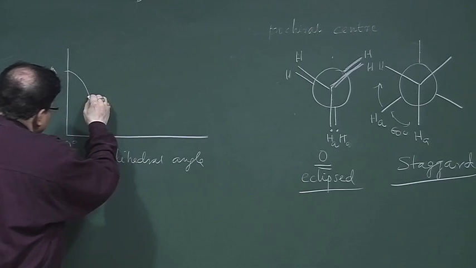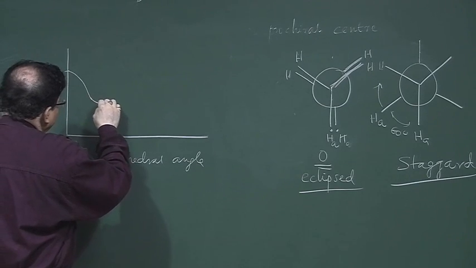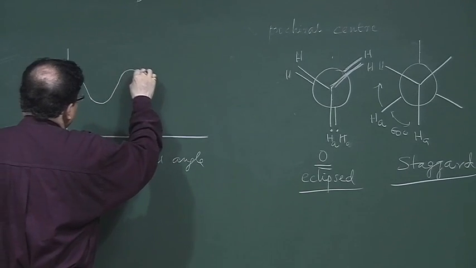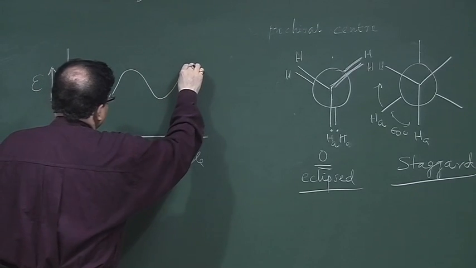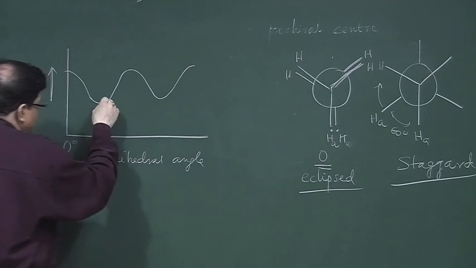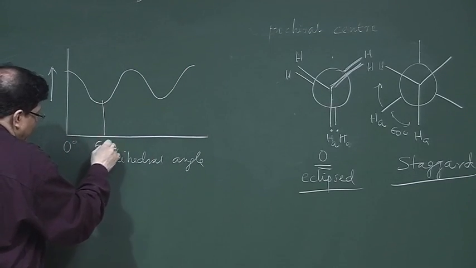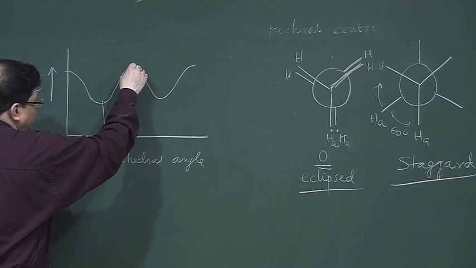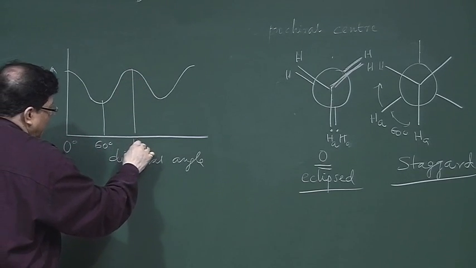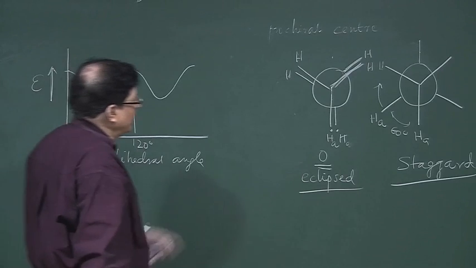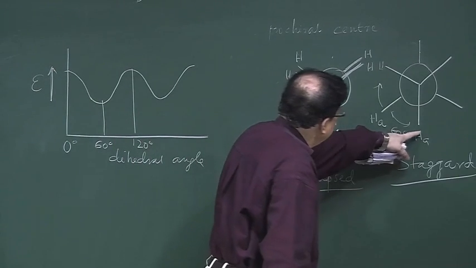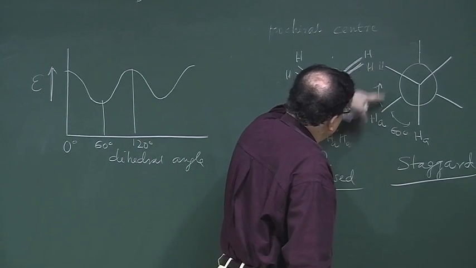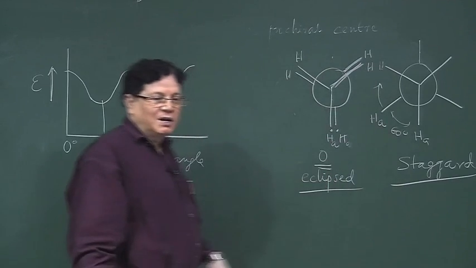So, what will happen? This will take up a shape like this. This is after 60 degree rotation, this is after 120. At 120, you again get these two hydrogens eclipsing each other.